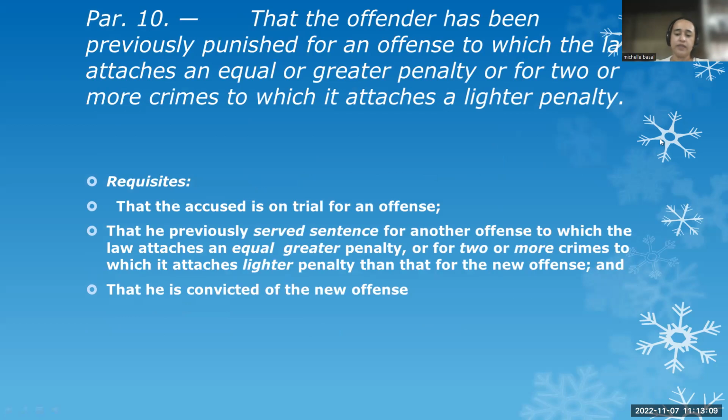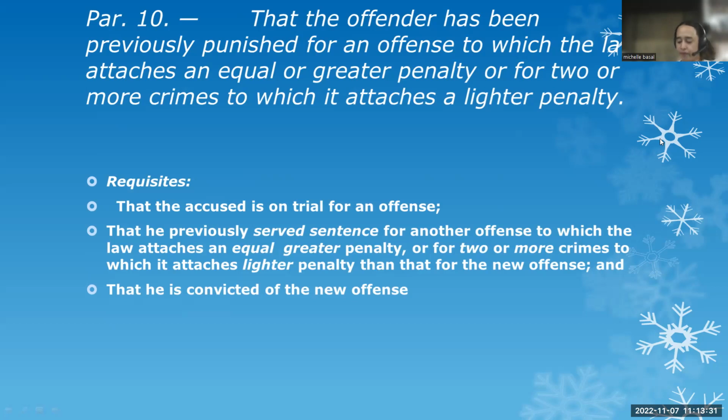No, the first one is recidivism, the second one is reiteration. So if the offender has already been previously punished, so convicted na hiya for an offense to which the law attaches an equal or greater penalty, or for two or more crimes to which it attaches lighter penalty.